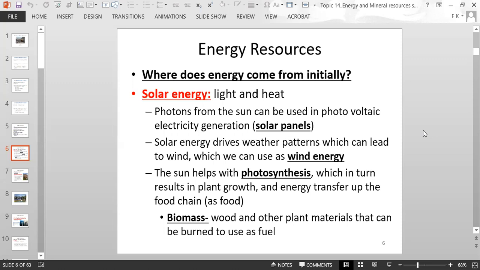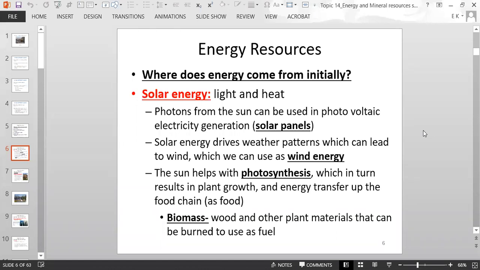And then other organisms consume those plants or algae, if we're talking about algae. And then we have an energy transfer up the food chain in the form of food. And that's called biomass. So biomass is wood or other plant materials. No, the food is not called biomass, sorry.